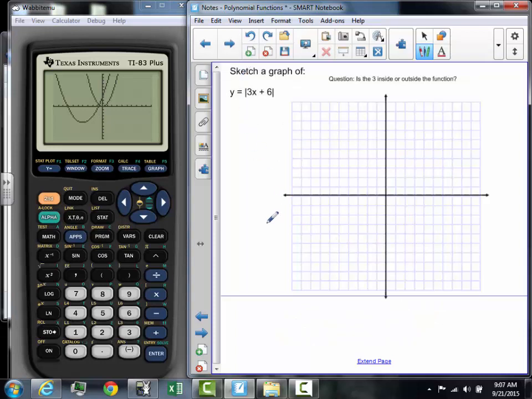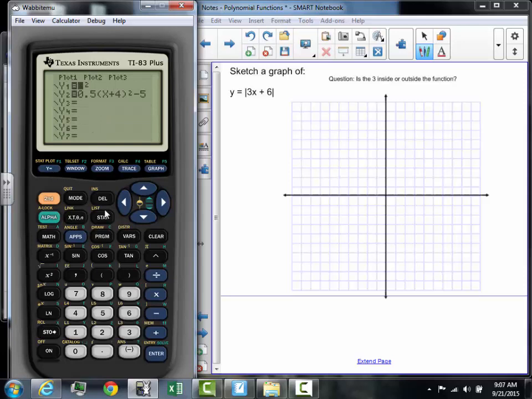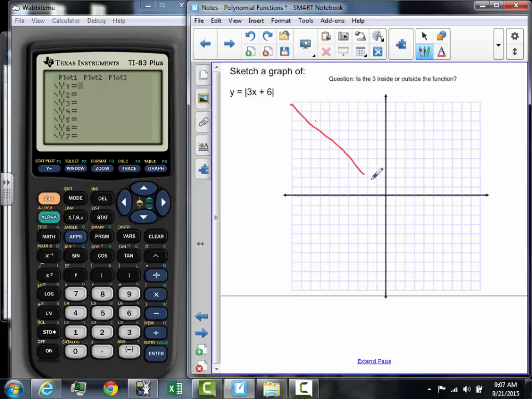Okay, let's try another one. Any idea what this base function would be? Do you guys remember what that line right there means? Do you guys remember what an absolute value graph looks like? It's like a V. Good. Okay, so here's what my original graph would hopefully look like. What does this 3 right here do? Change slope.